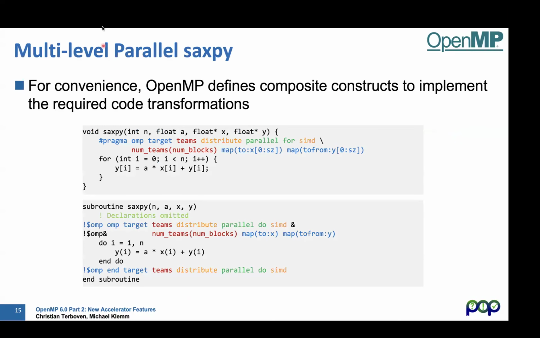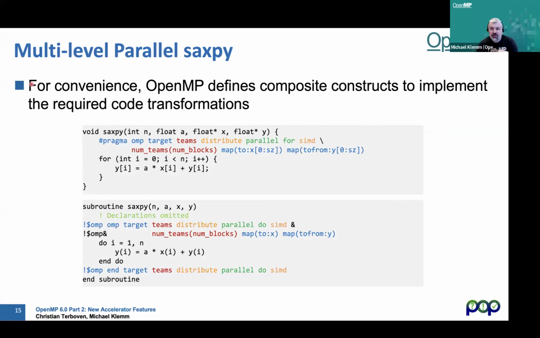One of the things that I would like to talk about is how you can spell the device loops a little easier with less typing. This is what Christian has shown you with teams distribute parallel for, or parallel do if you're a Fortran programmer.